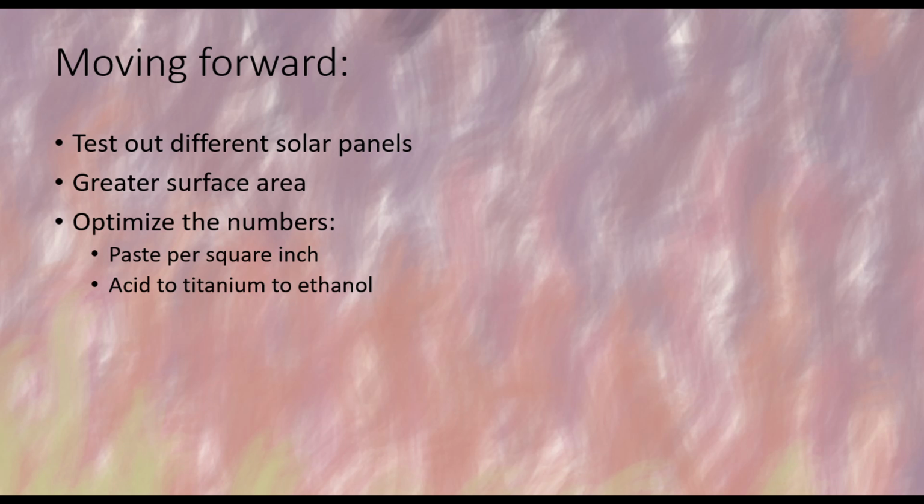Because if too much paste is applied for the sintering step, it will actually just flake off and you'll lose all of it. So you want to just have enough that it sinters without crusting up and flaking up and falling off. There is a sweet spot, and I haven't found it yet.